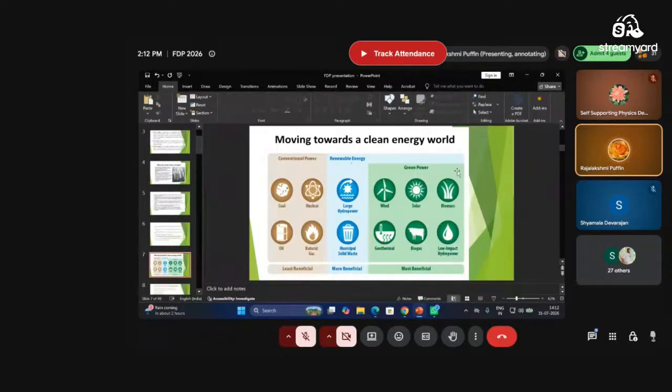Especially now, biomass is playing a major role. And biogas, which some villages are using, geothermal and low impact hydropower. So we have many options. We can go for green power. Slowly we can convert from conventional power to green power to save our globe.